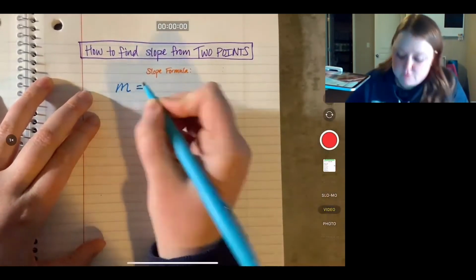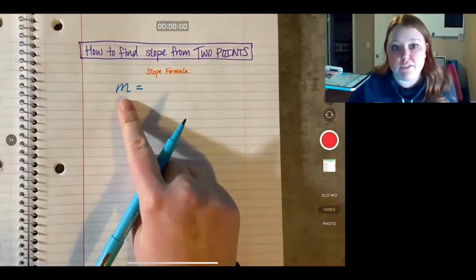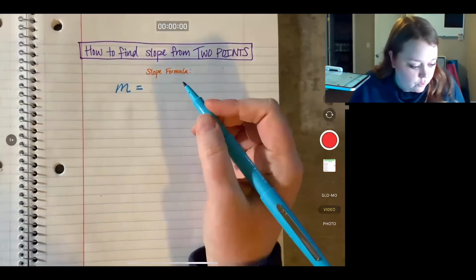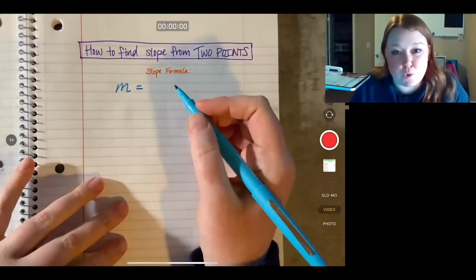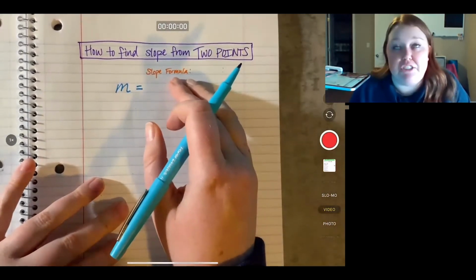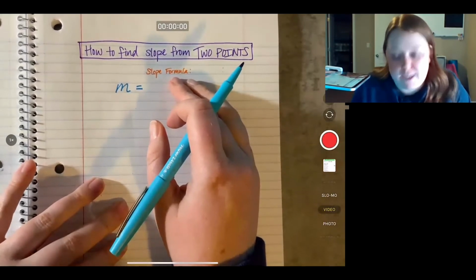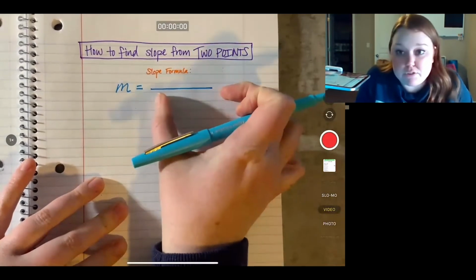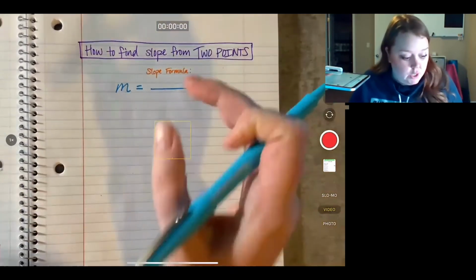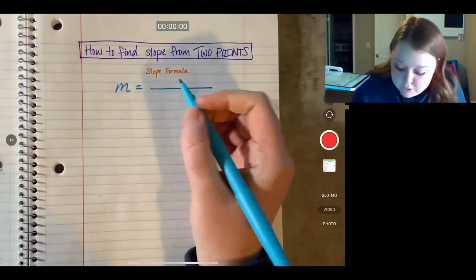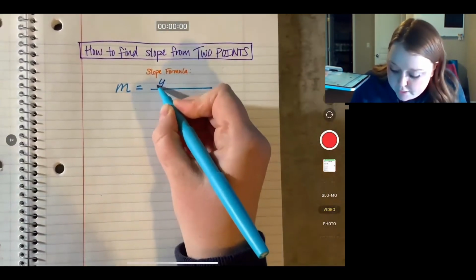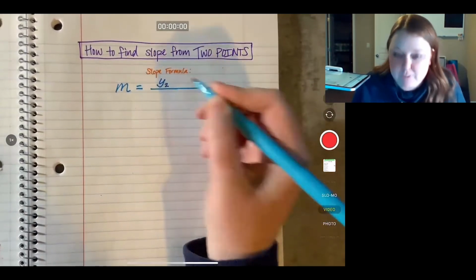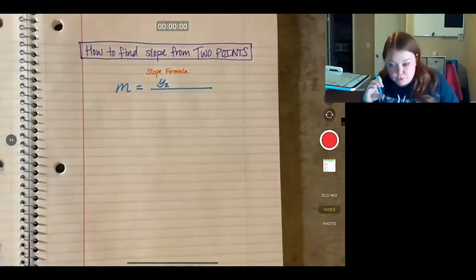M equals, there's that M. That's why we have to know it. You have to know that this M is really just slope. Formulas, by the way, in mathematics, like to use a bunch of variables. So here is your slope formula. You're going to put a big old fraction bar. On top, you're going to take y, but that y, we call it a sub 2, meaning it's not an exponent of 2, it's actually below it.